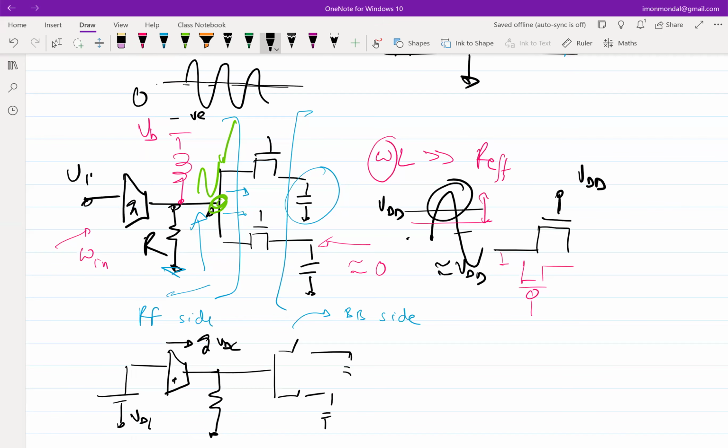NMOS and PMOS are essentially complementary to each other in all electrical respects, right? I mean, the design is different, that's fine. But electrically, if I show you the IV characteristics of a PMOS and an NMOS, and I don't tell you whether I'm plotting with VDS or VSD, whether I'm plotting with VGS or VSG, whether I'm plotting IDS or ISD, you will not be able to tell whether it's a PMOS or an NMOS.